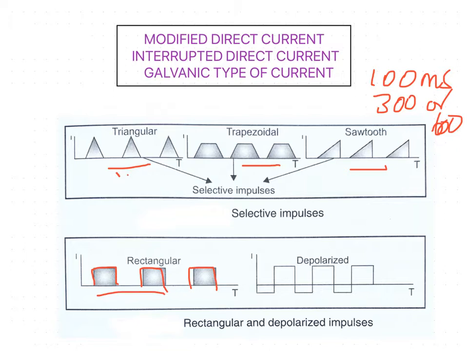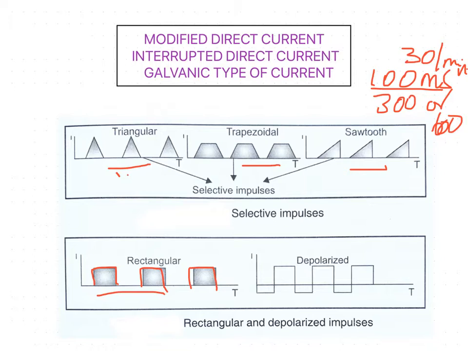An impulse of 100 milliseconds duration requires a frequency of about 30 per minute. So this is the duration and frequency used for galvanic type of current.